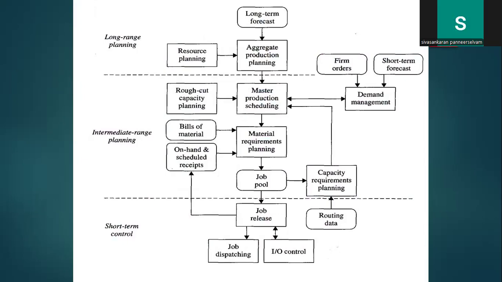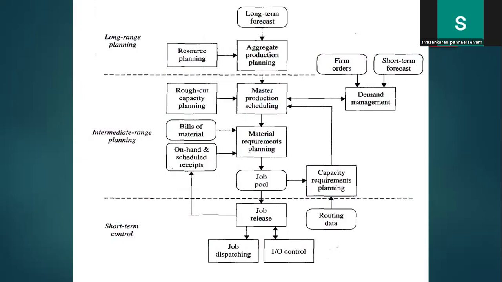And MRP focuses purely on the present status of inventory, not the past or the future. So it bothers only the present demand. Accordingly, we need to arrange the job plan order to the shop floor, depending on the capacity requirement: how many jobs each machine is able to produce.